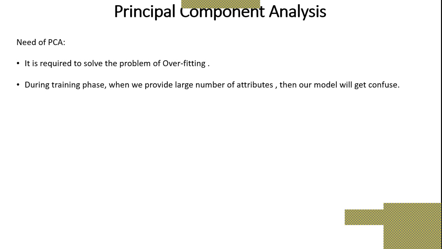Overfitting: during the train phase, when we provide a large number of attributes, our model will get confused, and that condition we can say is overfitting. When we use any training algorithm, it may be a regression, a clustering, or a classification.